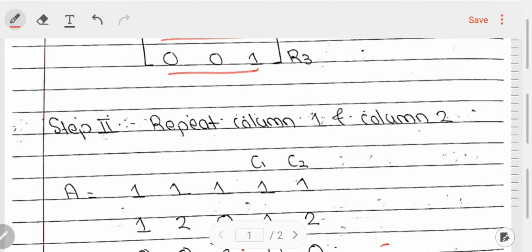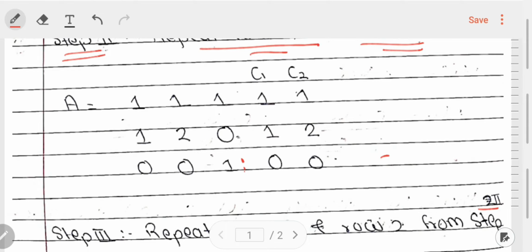Moving towards step 2, what we have to do is repeat column 1 and column 2. So this is our original matrix. I have repeated over here the column 1 and column 2.